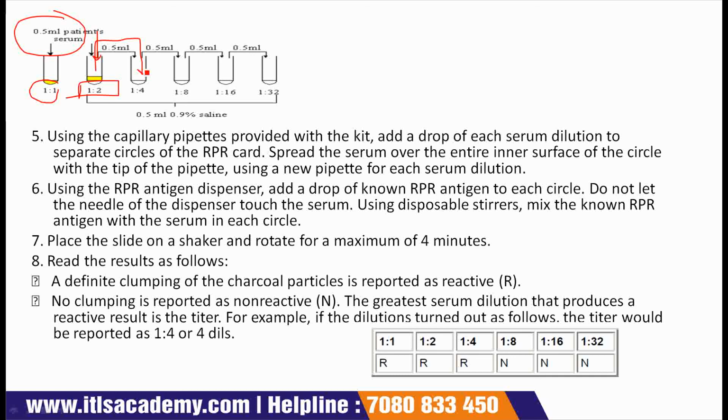From the next tube, a removal of 0.5 ml and addition into the next tube. From the next tube, removal of 0.5 ml and then addition into the next tube. And from the next tube, addition into another tube. From the last tube, there is a removal of 0.5 ml and this 0.5 ml is discarded finally.